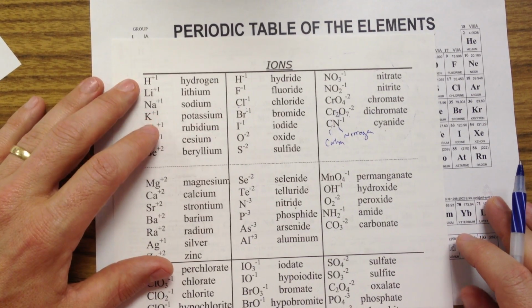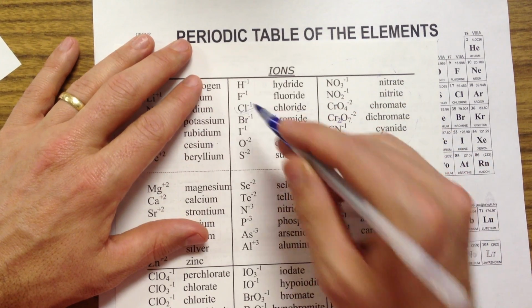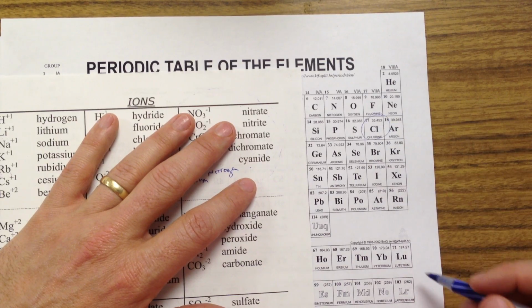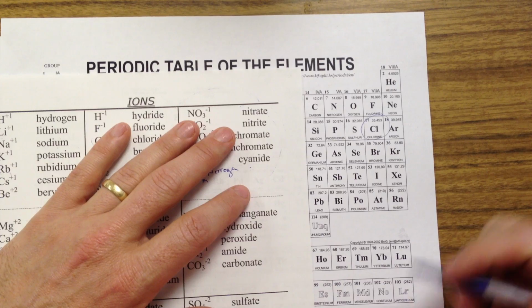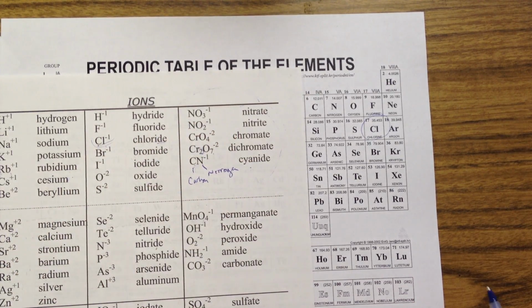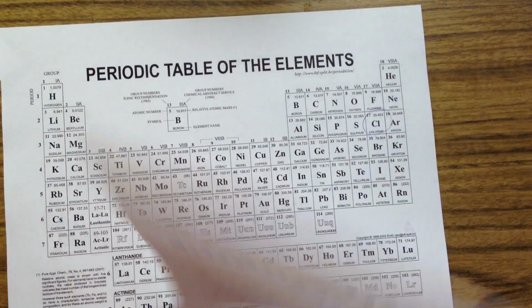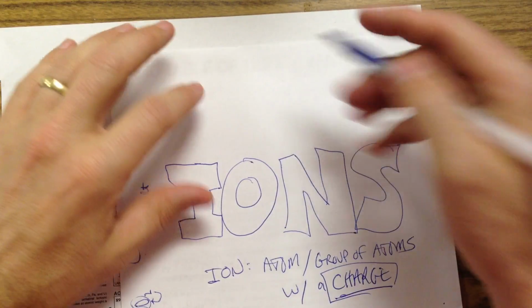But negative ions, anions, are different. If we look at chloride, Cl, and go find Cl on the periodic table, we see that its name is not chloride, it's chlorine, and you probably knew that already. And so the ending changed. So what I tell the kids is, if the ending changes, it's kind of like negative.